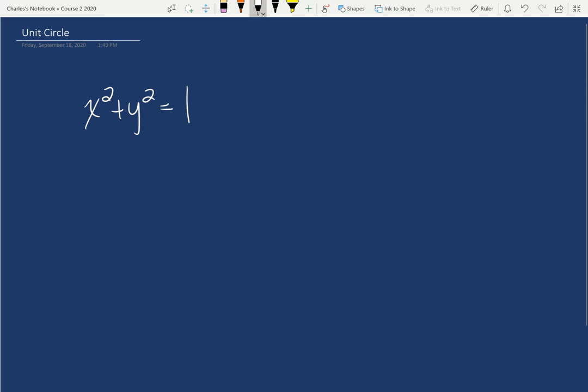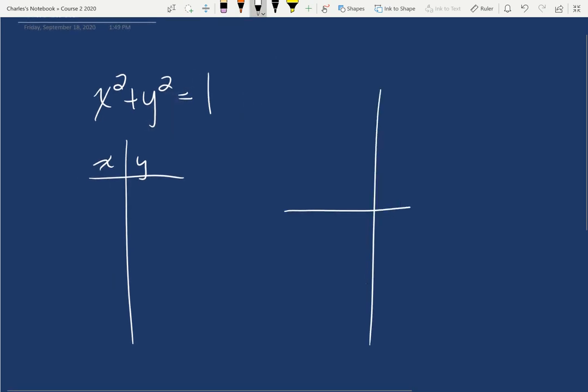There are infinitely many points on the unit circle, but we're often in pre-calculus and in calculus interested in specific points. And if you try to think of what those points are, well, it's a circle with a radius of 1.